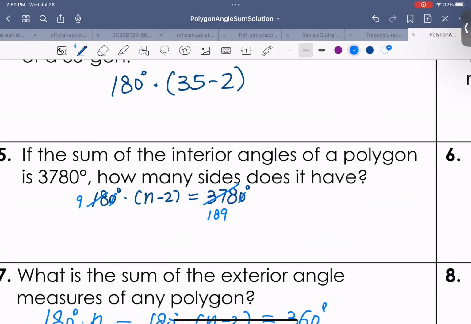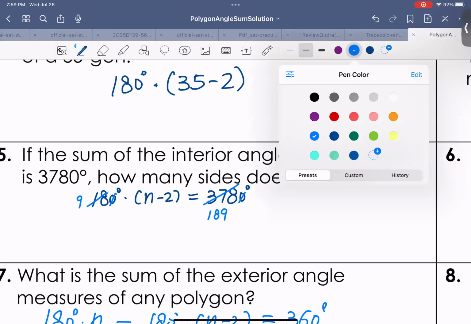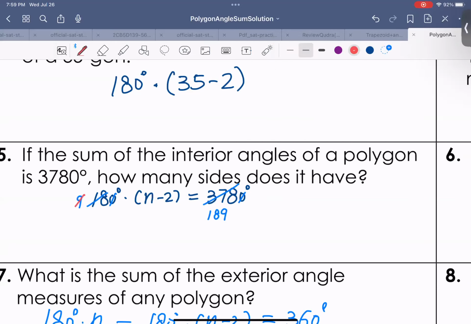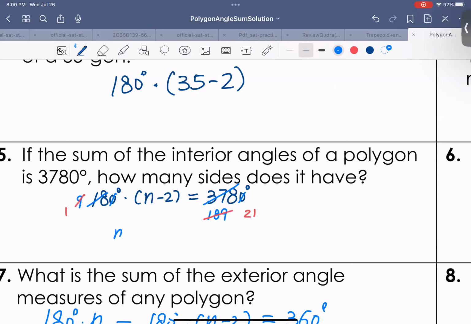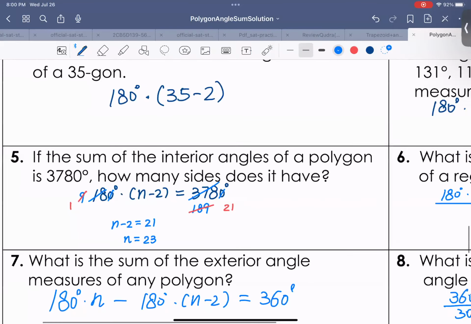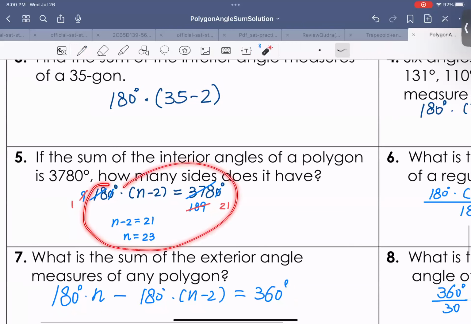So this is divisible by 9 also. Let's try it. So it'll be n minus 2 equals 21. That makes sense? So n becomes? 23. Yes, good job. You like to do this kind of number sense?